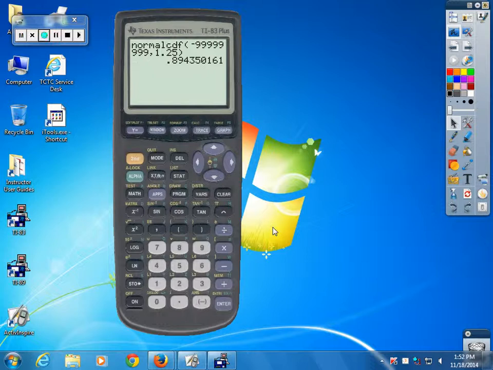It writes it out like that. Backspace. 1.25.